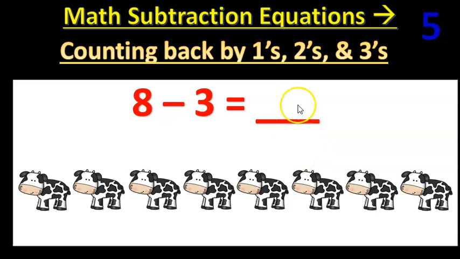And the remaining is our answer. But we're gonna count back by ones, twos, and threes, okay? So this is 3 here. So boys and girls, we're gonna start at 8, okay? There are 8 cows. 1, 2, 3, 4, 5, 6, 7, 8.